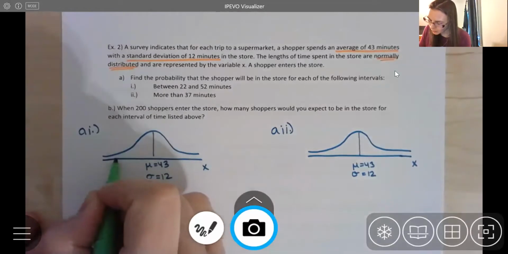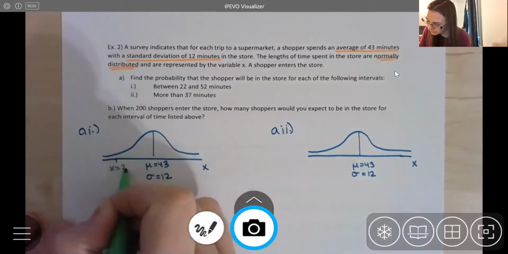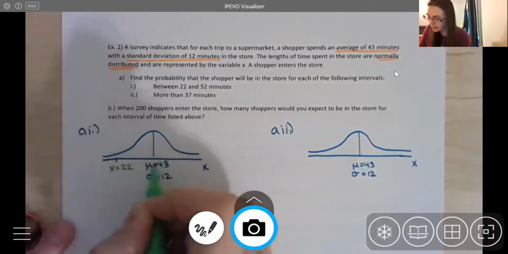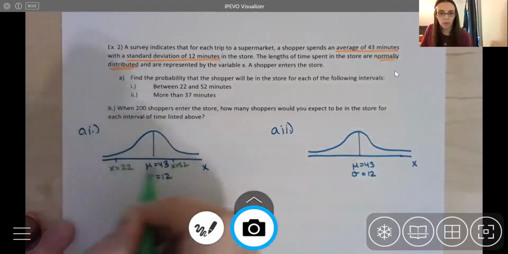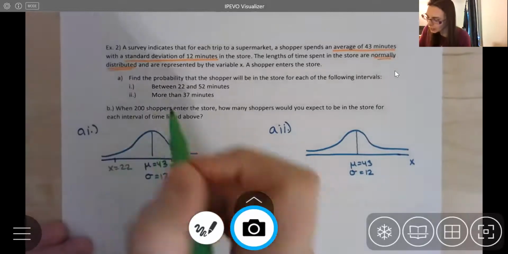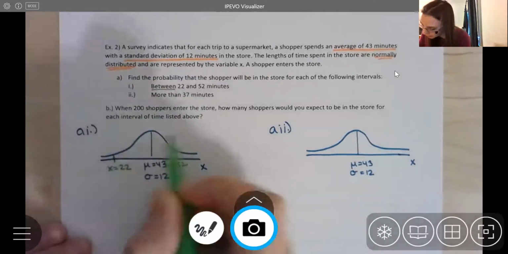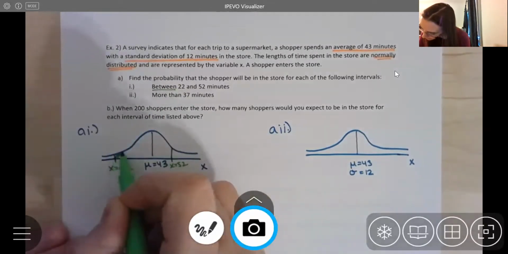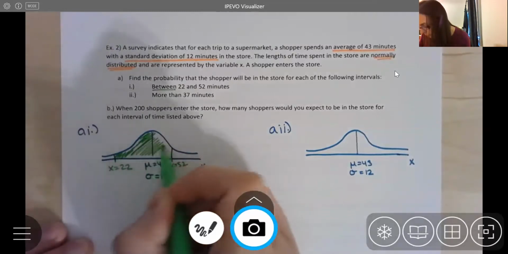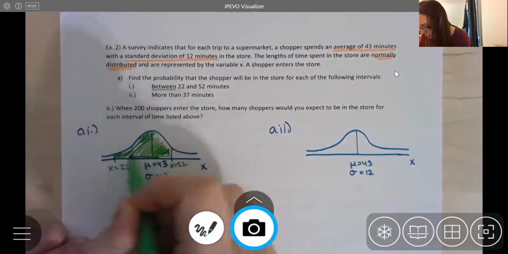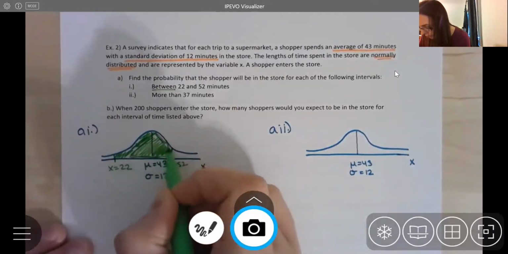It's going to be like maybe way over here. And 52 is not that much bigger, so maybe it's a little closer, but it's bigger, so it's on the right. So you just want to make sure that you put your numbers in the right positions. And we're going in between. So I'm looking for this region in here.